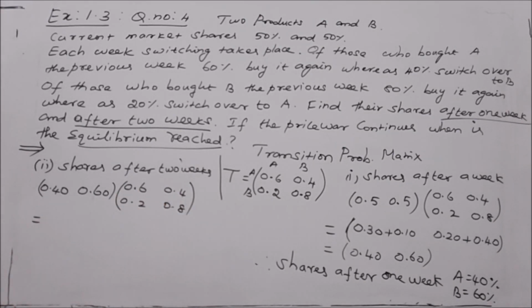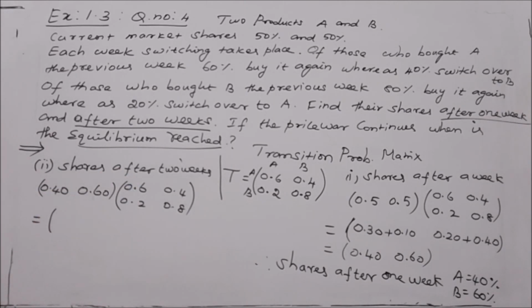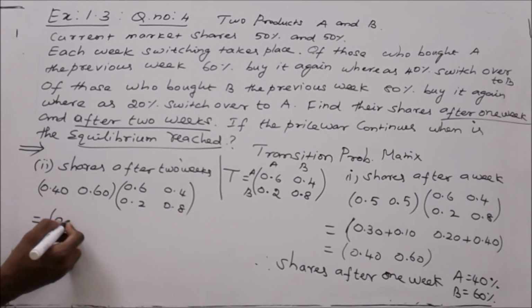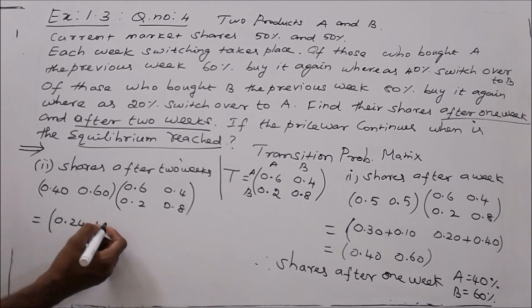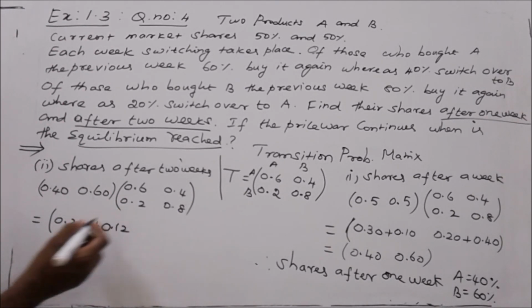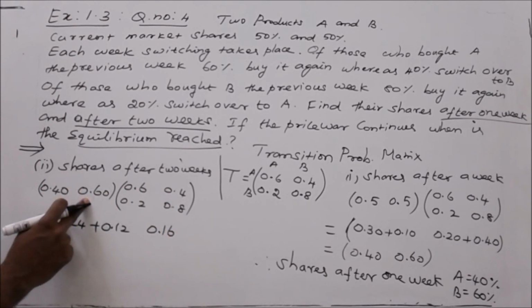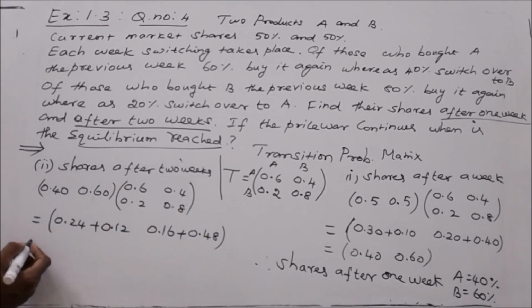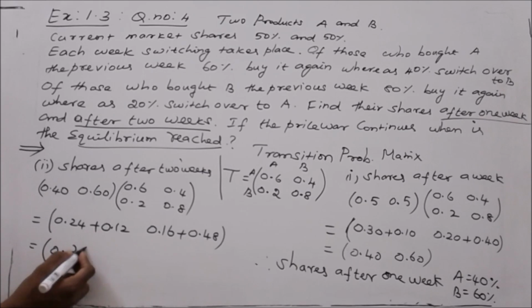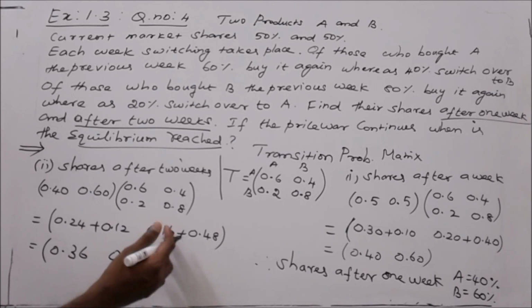Again multiplying, 0.4 into 0.6, 0.24, plus 0.6 into 0.2, 0.12, 0.4 into 0.4, 0.16, then 0.6 into 0.8, 0.48, which will be equal to 0.36 and 0.64.